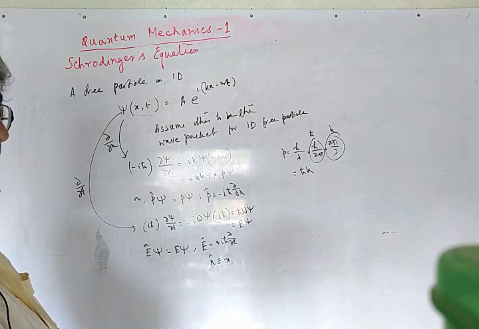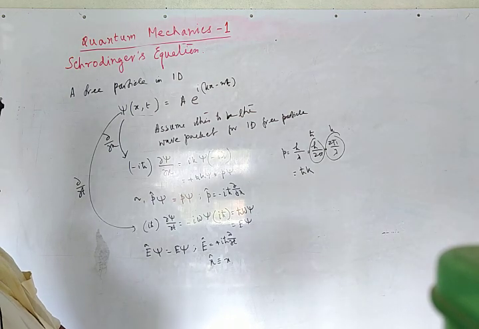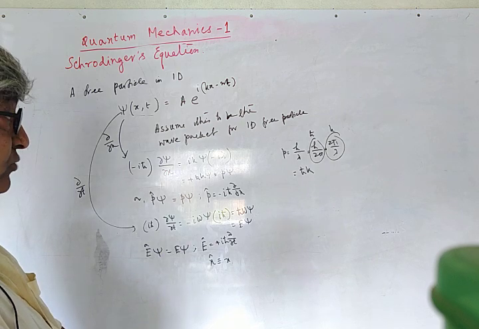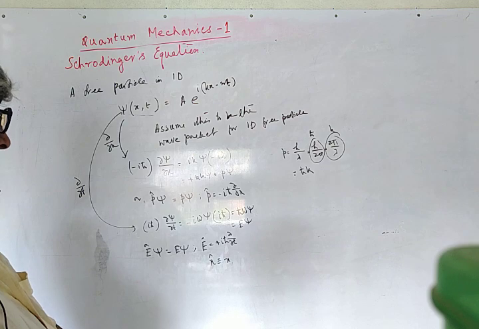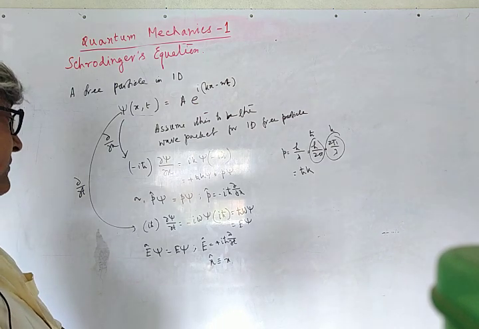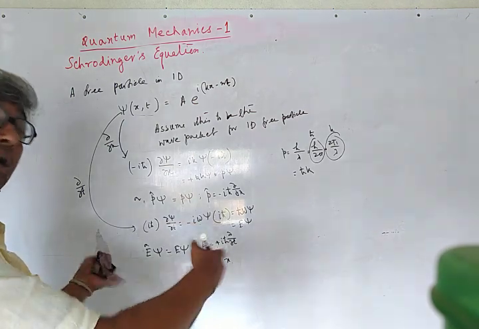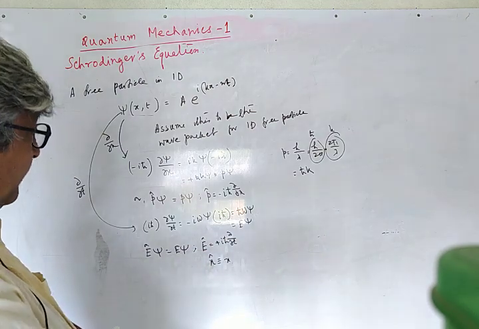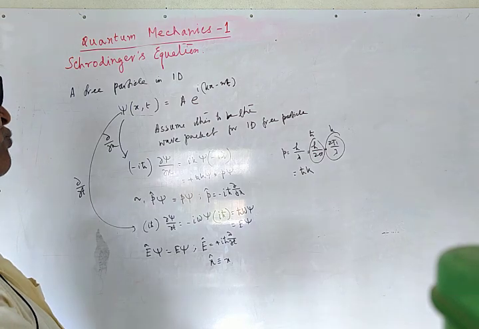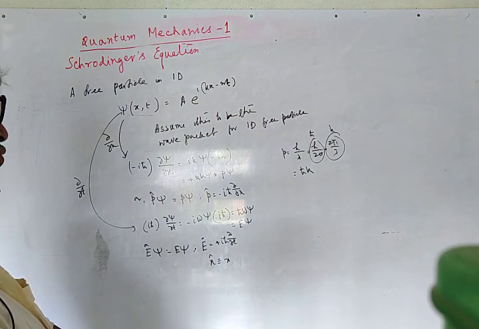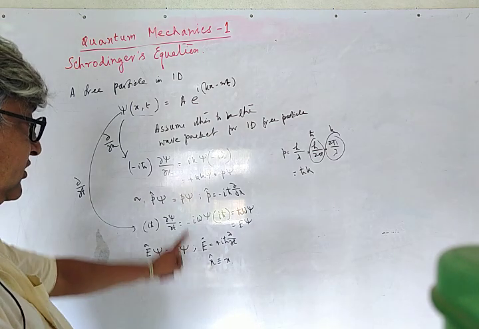In quantum mechanics, performing and not performing an experiment is very important. So whenever we want to say something about a quantum system, we must perform some measurement. The theory is developed in this light: whenever we make a measurement on momentum, we get the value of momentum, which is p.